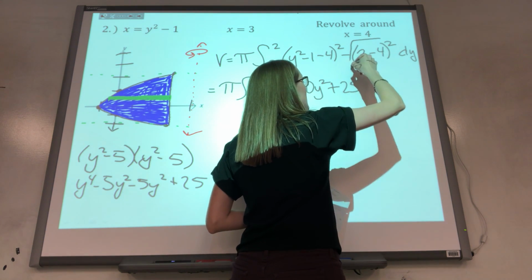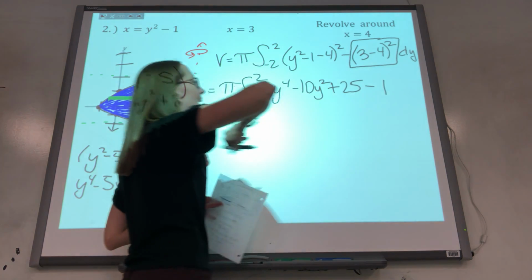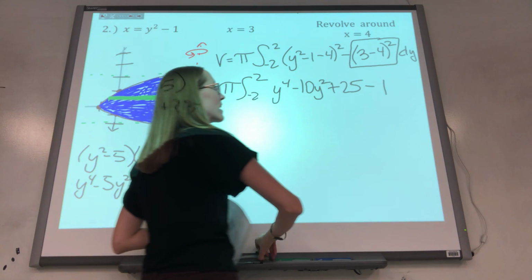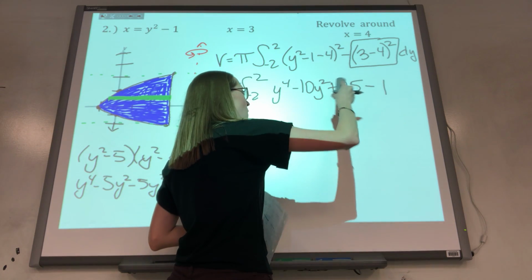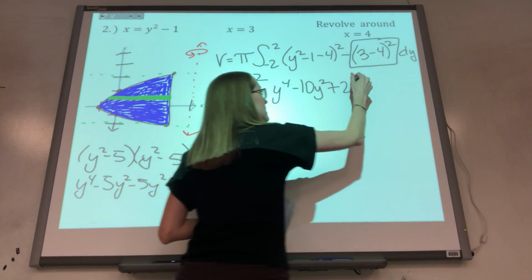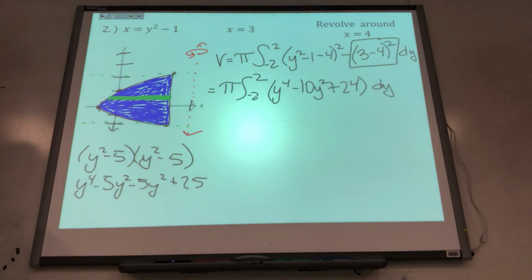What would this end up being? Just a 1. Yeah, 3 minus 4 is -1. -1 squared is 1. So when I take the 25 minus 1, I'm going to save some room and turn that into a 24.